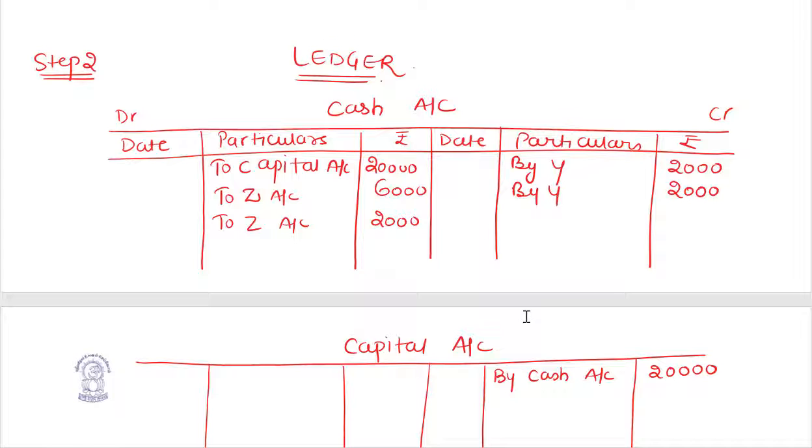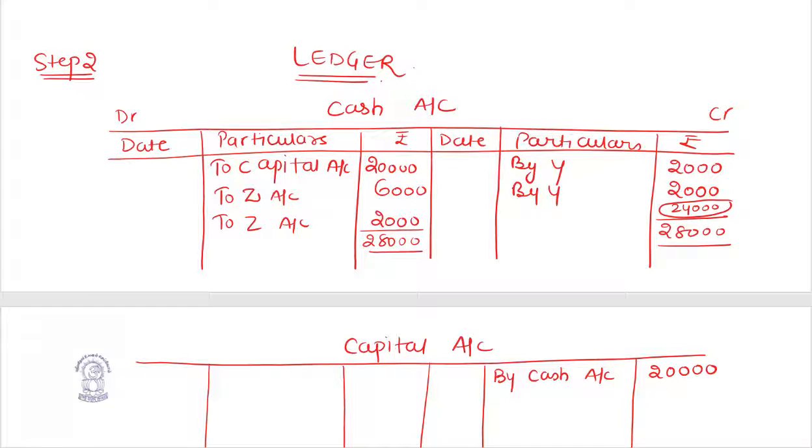Let's balance it quickly. 6,000, 20,000, 26 plus 2, 28,000 on the debit side. We will record 28,000 on the credit side. 28,000 minus 4,000 is 24,000.